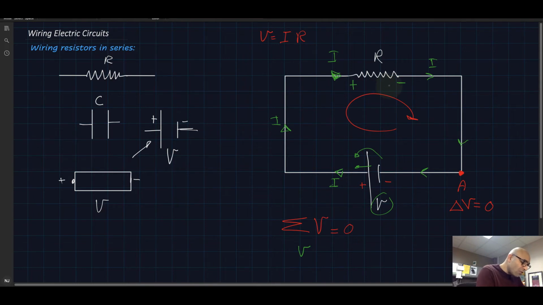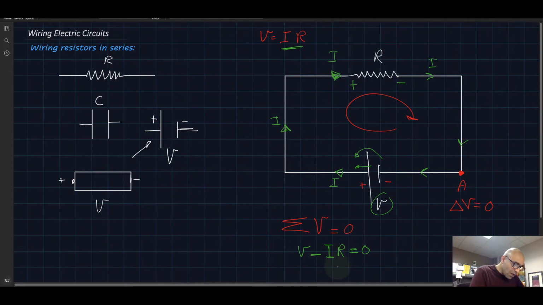And how much is that voltage? It is equal to the current that passes through it times R. So since you lost, I'm going to say minus IR. Now go back, keep going on the wire until you hit A. Once you hit A, you may say this is equal to what? 0, because you go back to the same voltage.